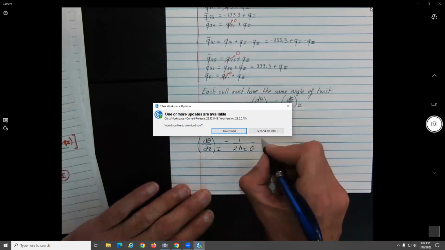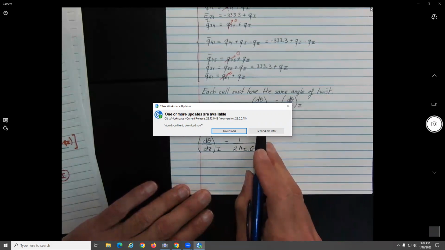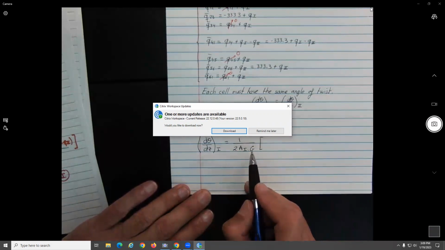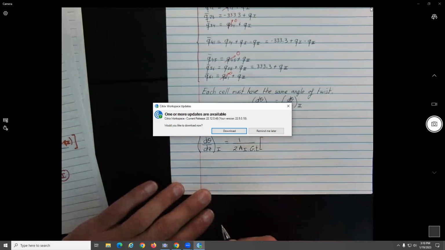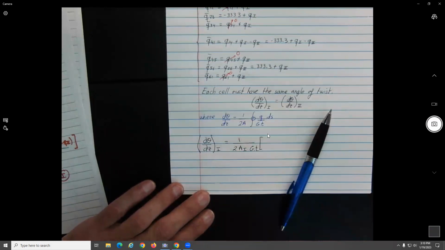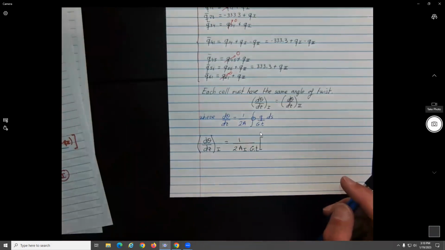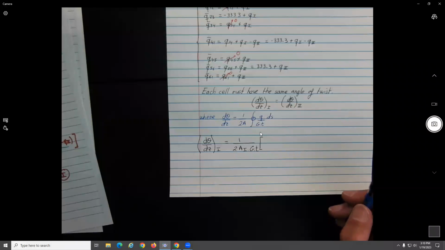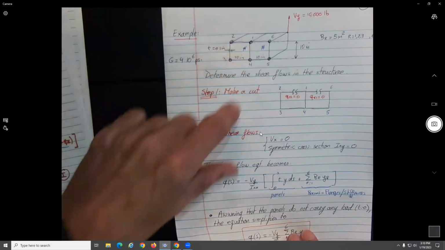Now, if I try to do the integration of this one over here, of Q, we have to take care of the T too, and we can put it outside because it's the same thickness for all the elements. It's also constant for all of them, no? Let's see what the problem statement says. Yeah, you see here, the T is the same for all of them, okay?